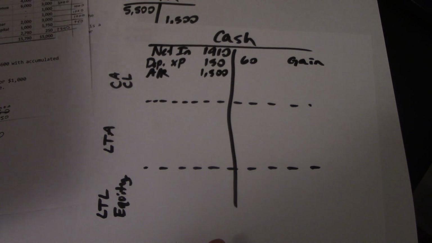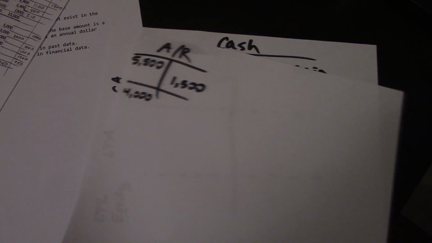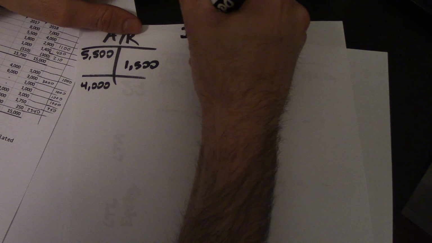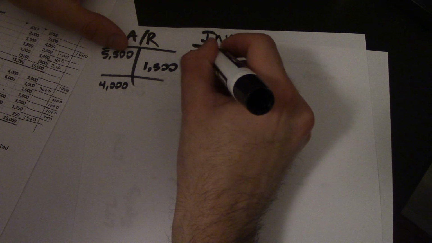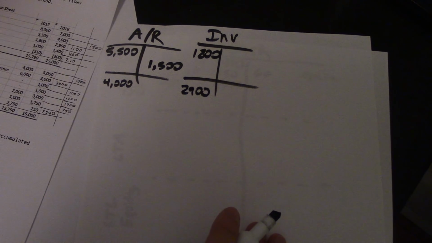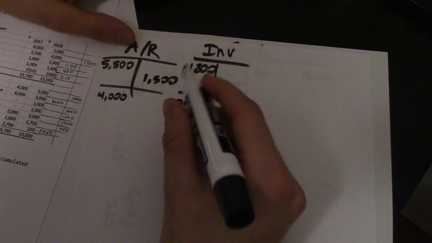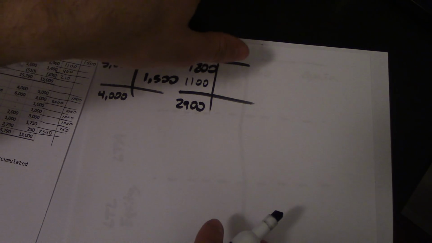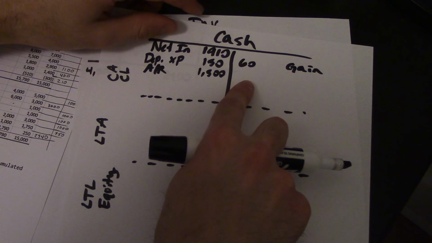Moving on to the next one. We've got inventory, another asset. We began with 1,800 and ended with 2,900. Therefore, we're increasing inventory by 1,100. For debiting inventory, we're going to credit cash.